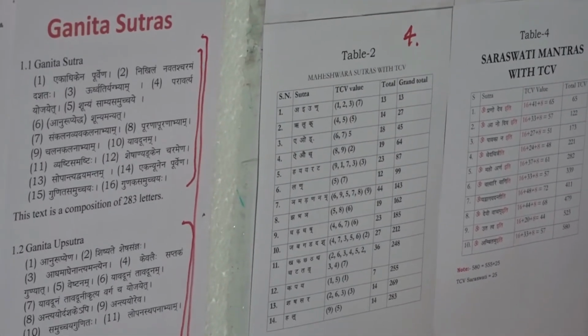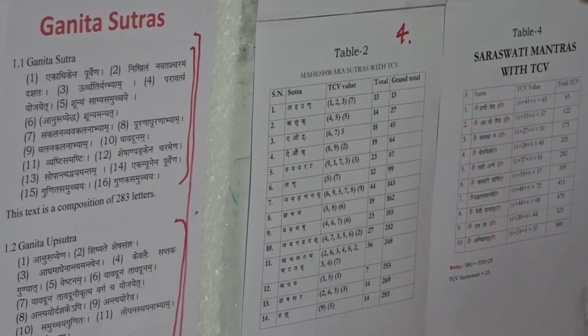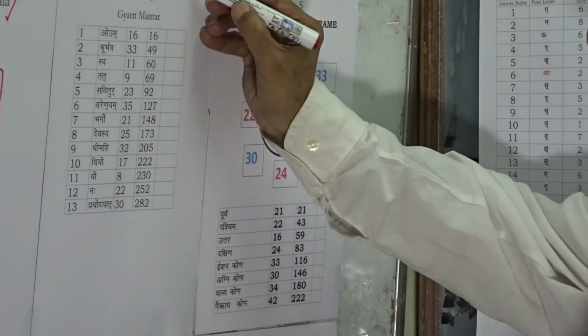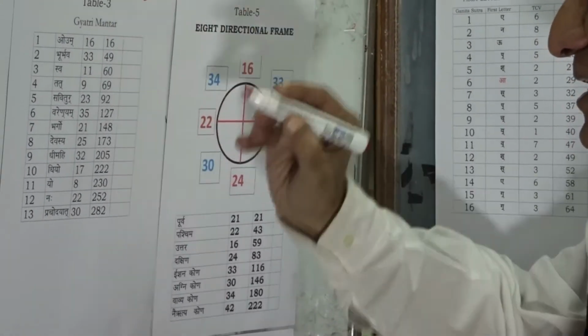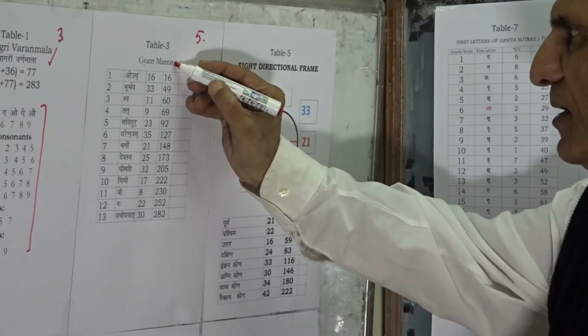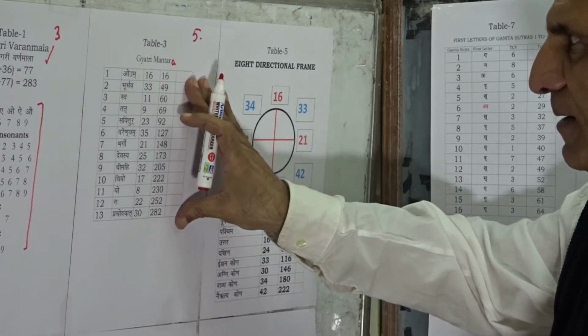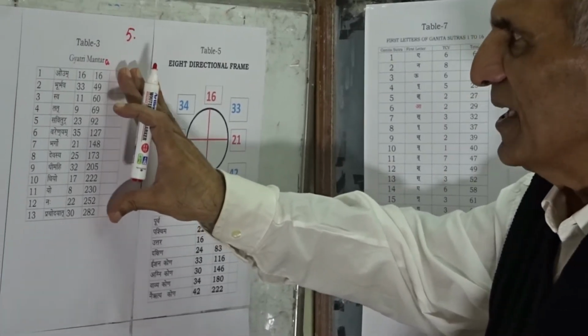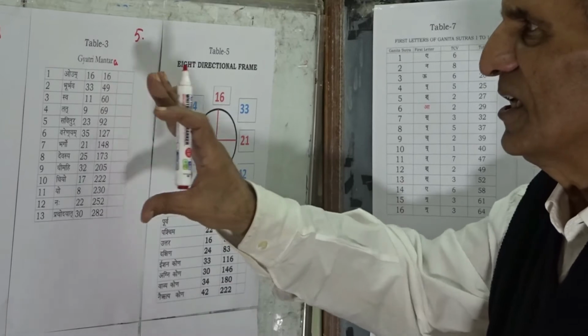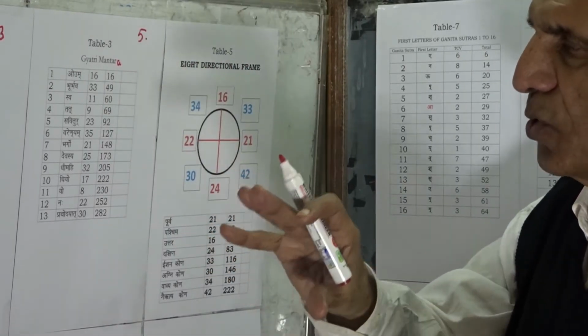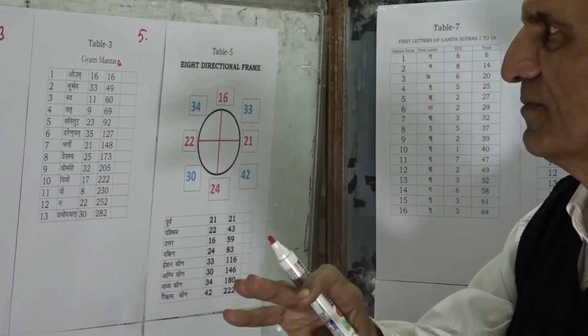mathematics of Ganita Sutras. The fifth test, which is to be availed and to be worked out and to be chased, is of a Gayatri Mantra. Gayatri Mantra is the source mantra. This mantra is the basis, core of the Vedic systems.